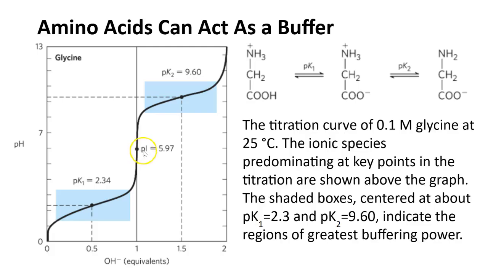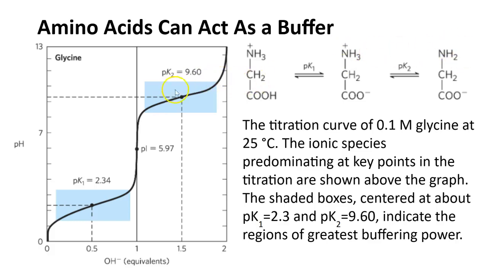And you see a pI that is represented there when this form right here is the majority component. And then once again at this point, you have this net zero, and now you're adding more and more base. So now the amino group that's protonated is starting to get deprotonated.